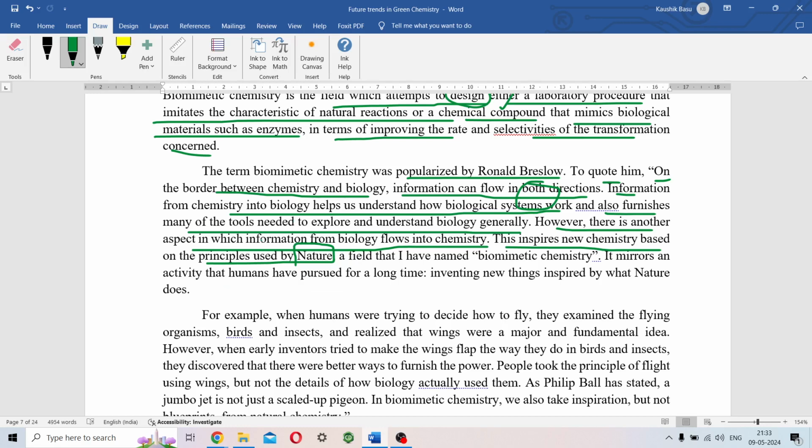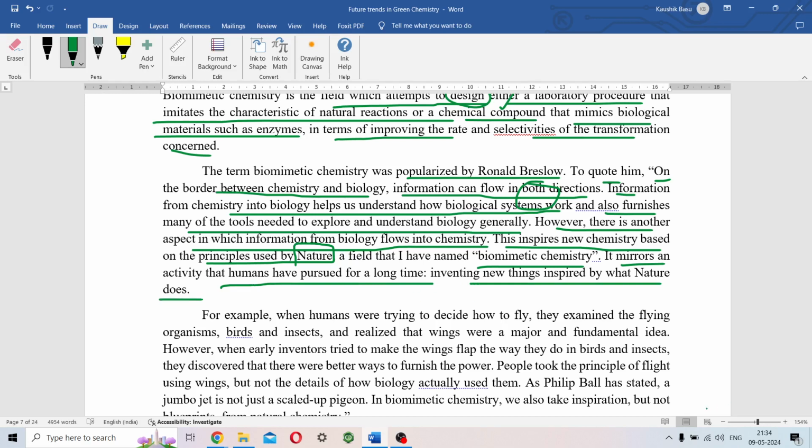And he is also responsible for coining the term, or at least popularizing the term, biomimetic chemistry. It mirrors an activity that humans have pursued for a long time, inventing new things inspired by what nature does.